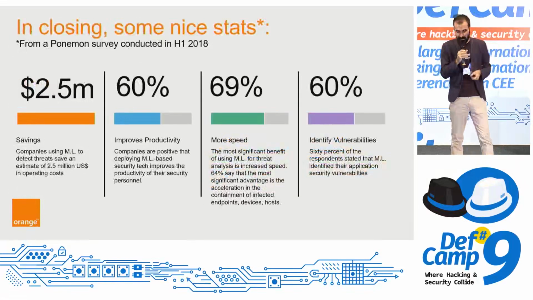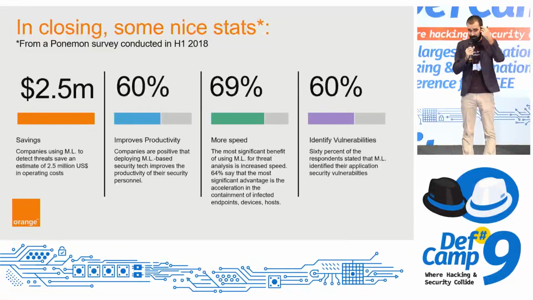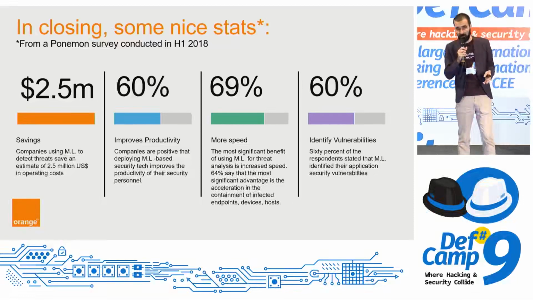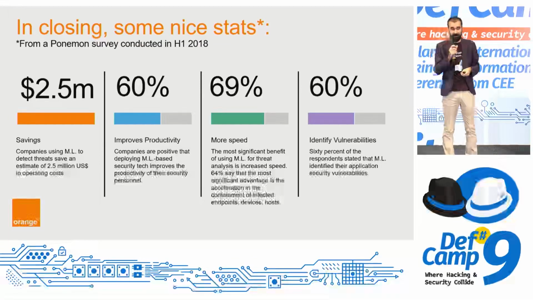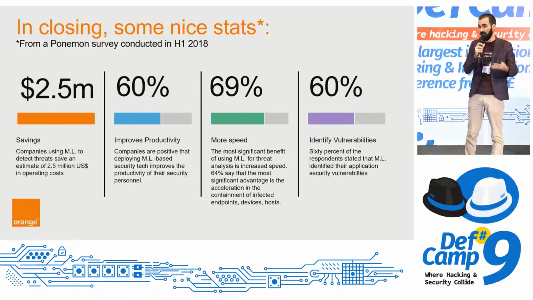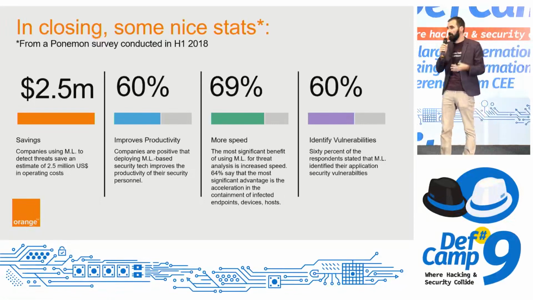And in closing, some nice stats. Again, from a Ponemon survey conducted in the first half of this year. It says that companies using machine learning to detect threats can save up to $2.5 million in operating costs. Well, that's nice. And that in 60% of those companies, using such mechanisms can improve the productivity of their security people, because the security people actually have the time to dedicate to other projects.